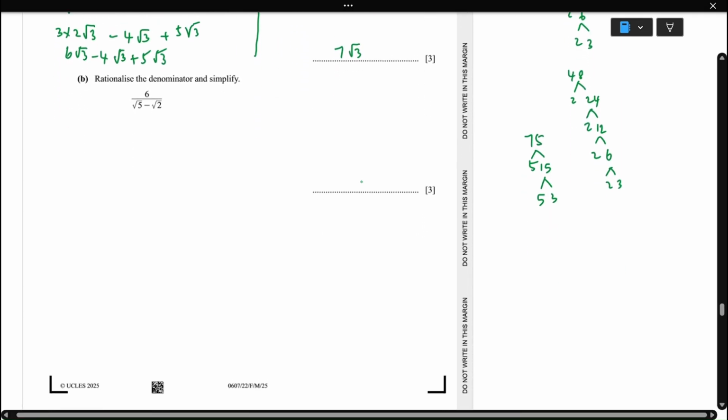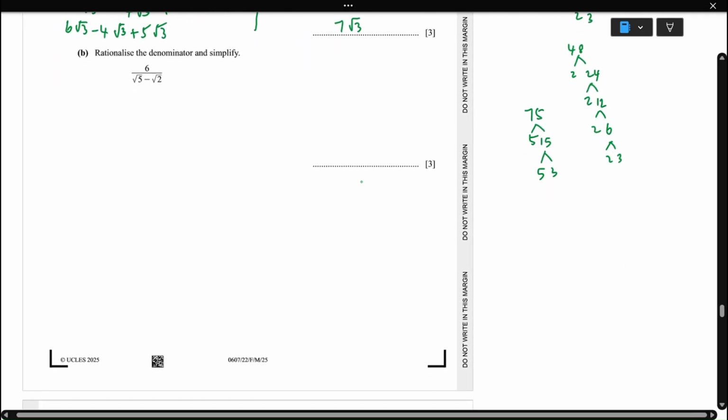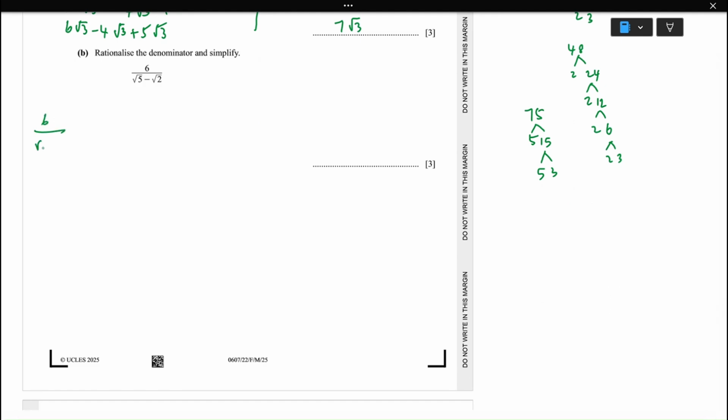Next question, rationalize the denominator and simplify. So to rationalize, I'll write the given term, which has root 5 minus root 2 in the denominator. We need to multiply by the opposite sign, which is root 5 plus root 2 over root 5 plus root 2. In the numerator we cannot do anything, so write 6 times root 5 plus root 2. In the denominator, root 5 times root 5 is 5.